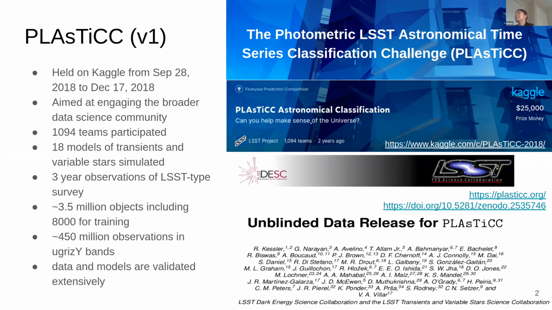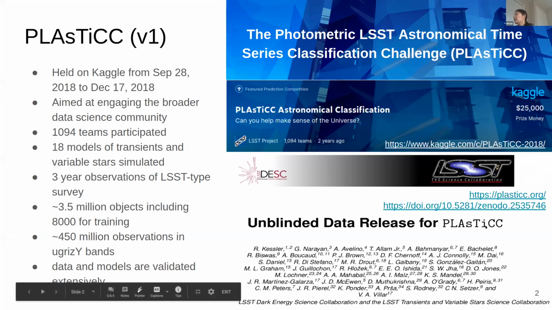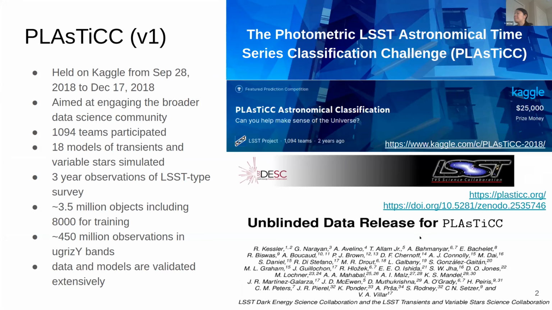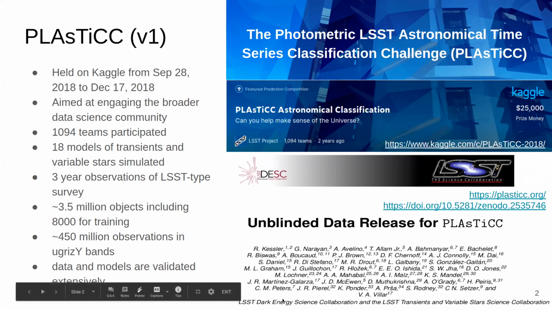The data and models were validated by our team extensively, so the data can be used later for developing your classification algorithms. After the challenge, we released the data on Xanadu, and it can be downloaded as you like. I forgot to mention, this is a joint work by DESC and TVS.